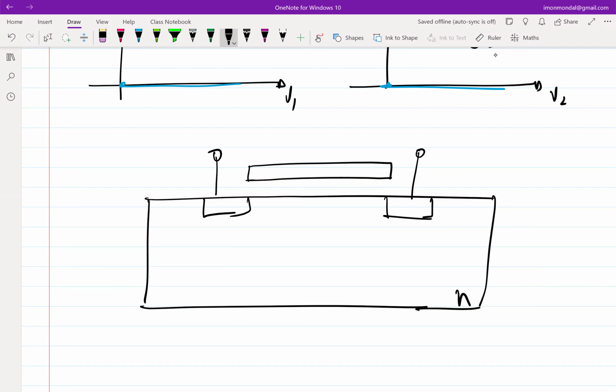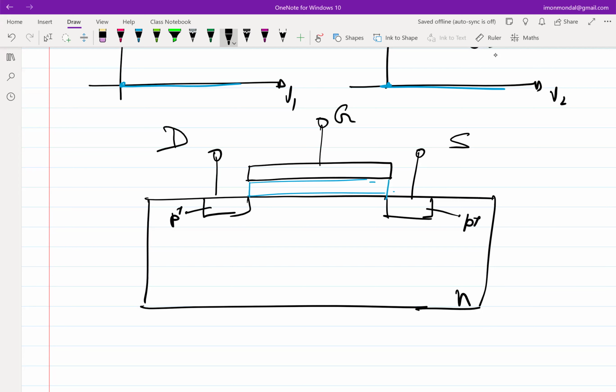So let's call this the source. Let's call this the drain. Let's call this the gate. And you have an oxide or a dielectric in between. Okay, so this is P plus. This is P plus.